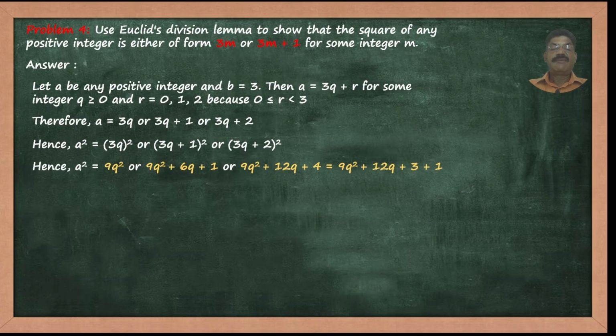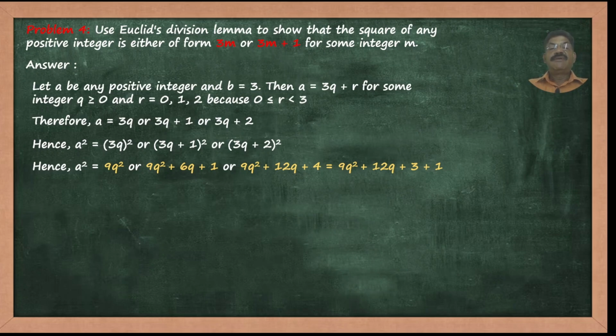You remember the formula, a plus b whole square is equal to a square plus 2ab plus b square. I am using that formula. Or 3q plus 2 the whole square is equal to 9q square plus 12q plus 4, which can be written as 9q square plus 12q plus 3 plus 1.